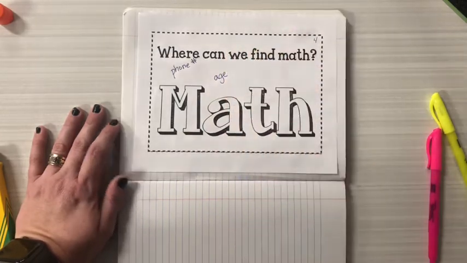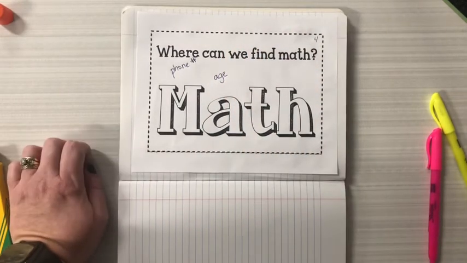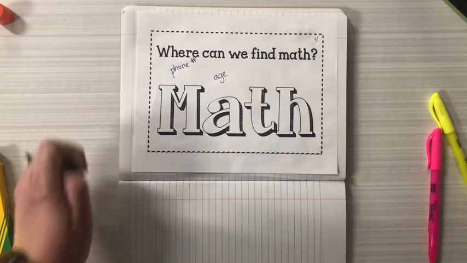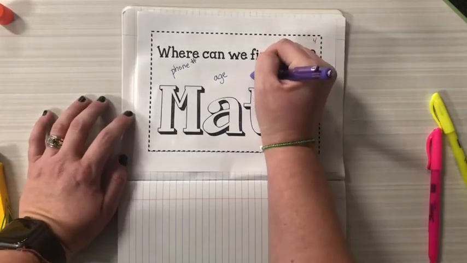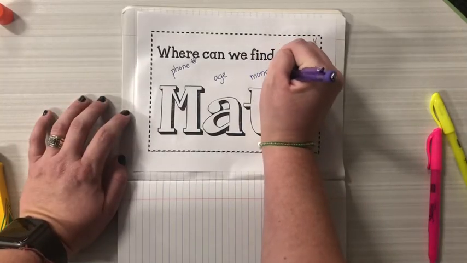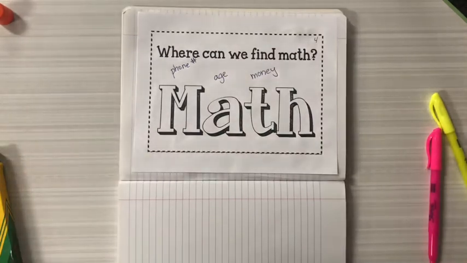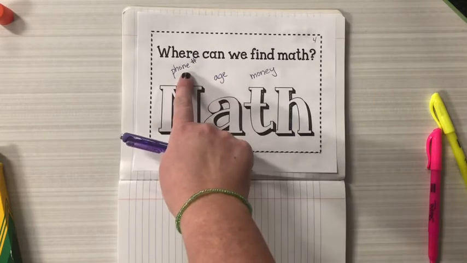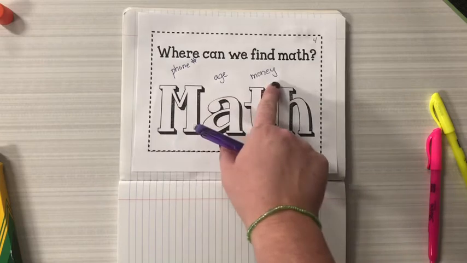To tell someone how old we are, we start counting the years or the months or the days from the date that we were born. The third example is going to be when we use money. When we put a value to a product that we either want to buy, we want to sell, we want to know its worth. So 3 examples that I want you to write down are phone number, age, and money.